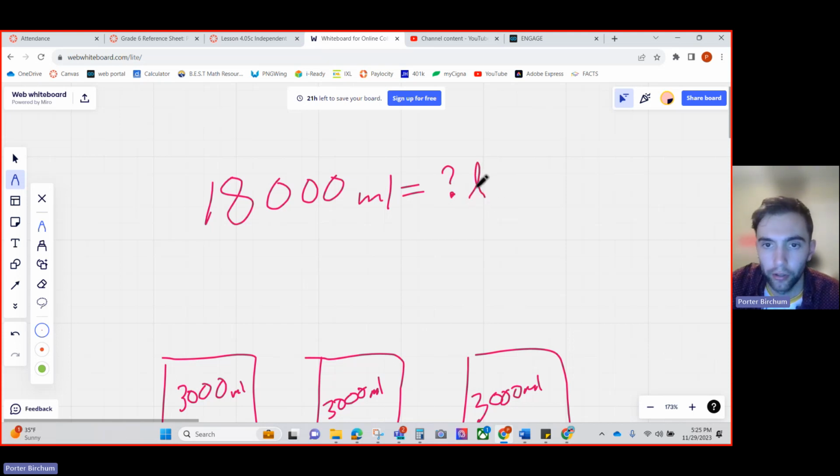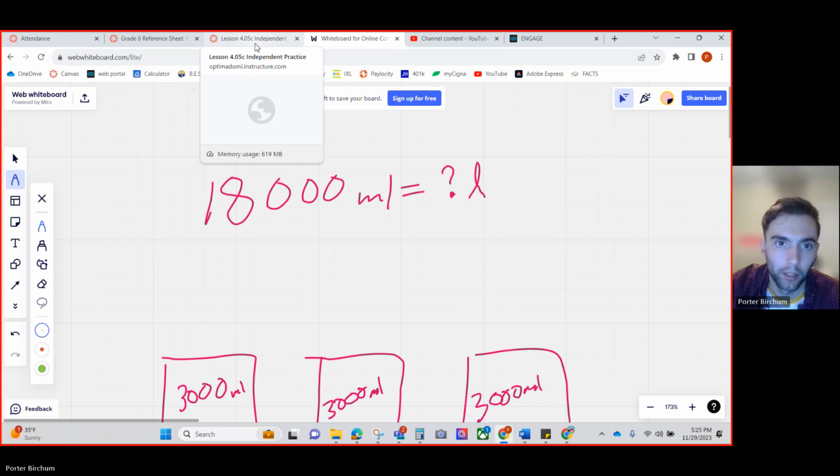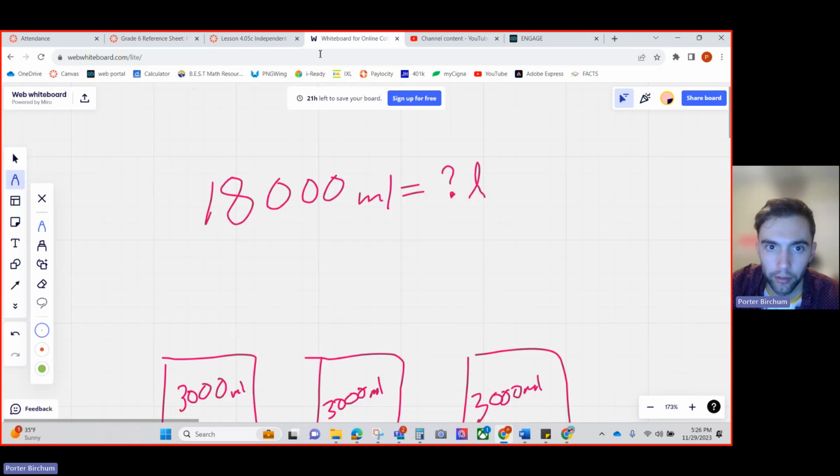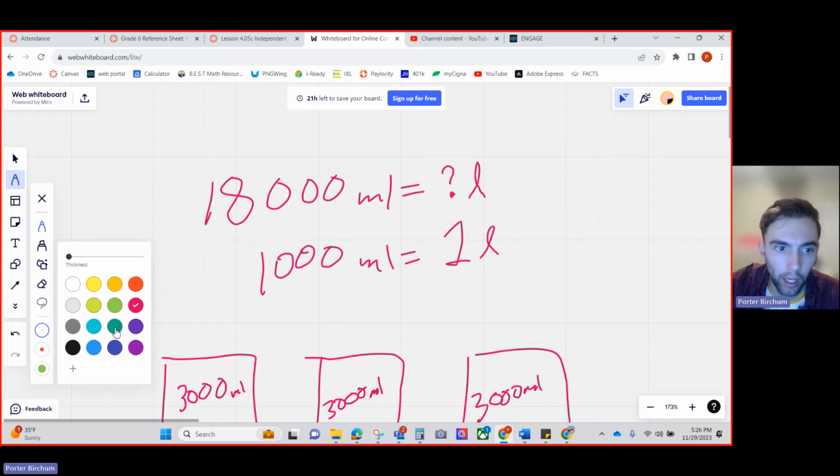I did a cursive lowercase l, so we don't get confused with the number 1. Let's look. Where do I see milliliters and liters? Oh, right here. 1 liter is 1,000 milliliters. Okay, let's look for a pattern.